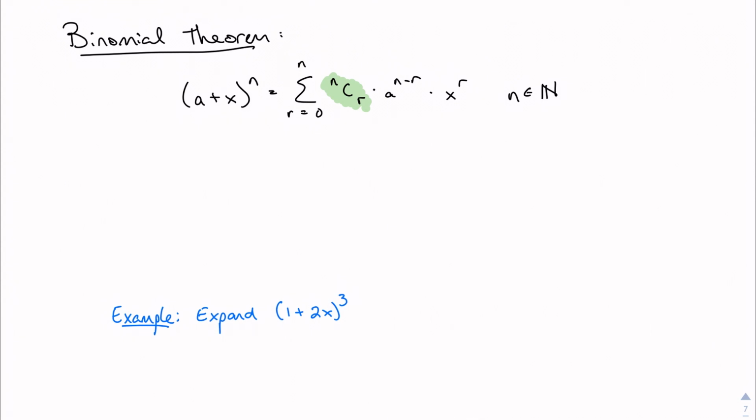So all this is saying is if I have a binomial raised to some natural number degree, so some kind of positive whole number, I can actually expand it and write it as a sum. I can write it as a sum of some combination from n choose r. I take my first power and I raise it to the degree minus whatever term I'm on.